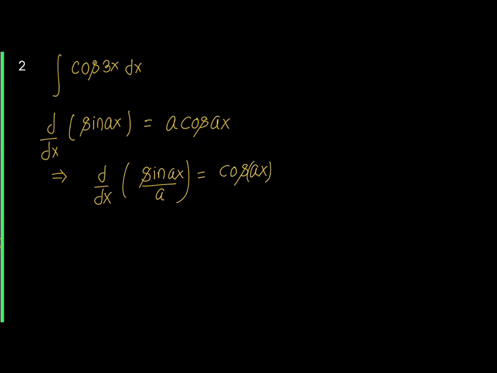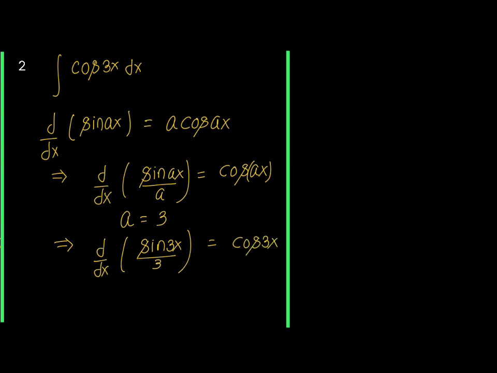Now putting a equals 3, I get d by dx of sin 3x upon 3 equals cos 3x. So the differentiation of sin 3x upon 3 is cos 3x.